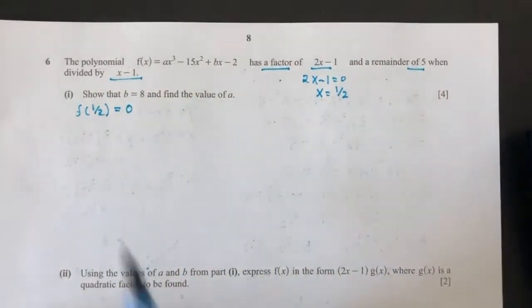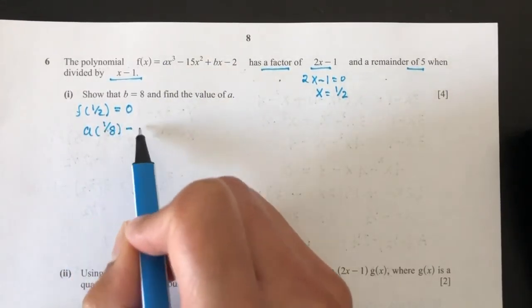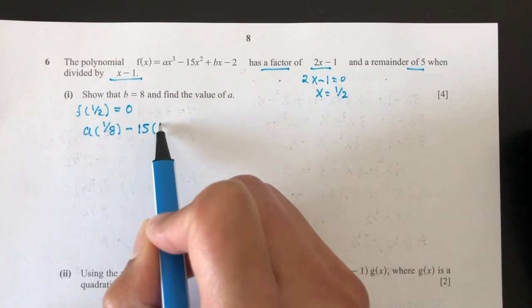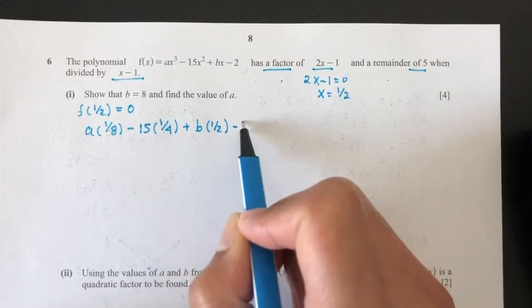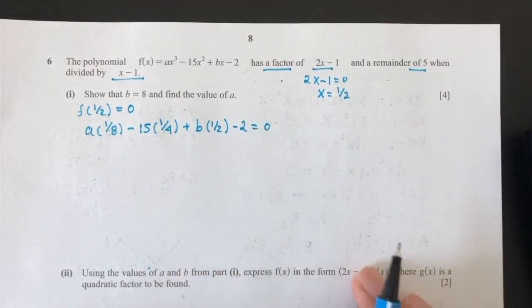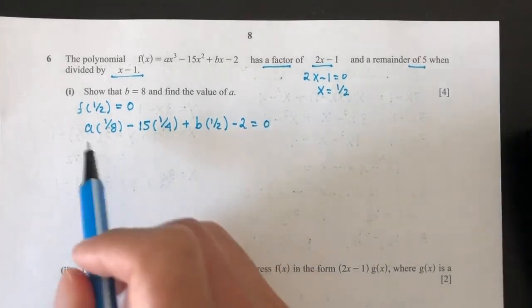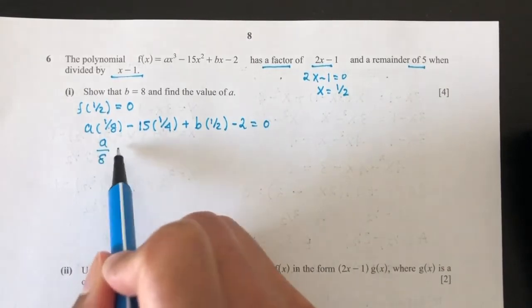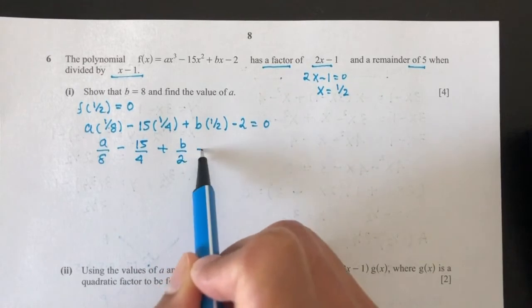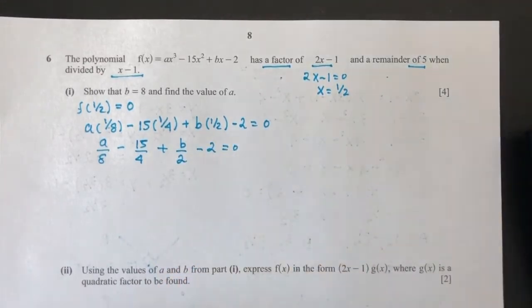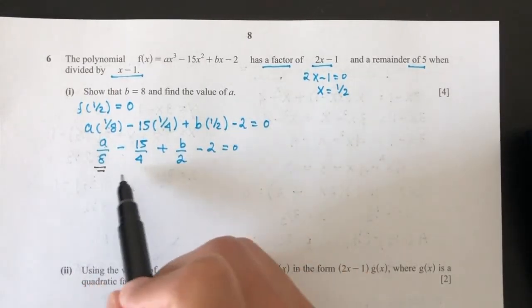So let's do that. a times half to the power 3 will be 1 over 8, minus 15 times x squared, which is 1 over 4, plus b, that is 1 over 2, minus 2 equal to 0. Now we simplify. We have a over 8 minus 15 over 4 plus b over 2 minus 2 equal to 0. One thing we can do here is multiply by 8 everywhere to remove every fraction.